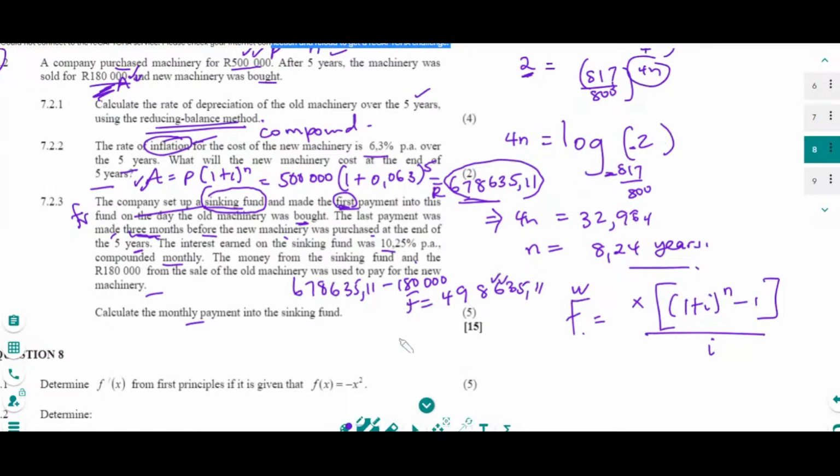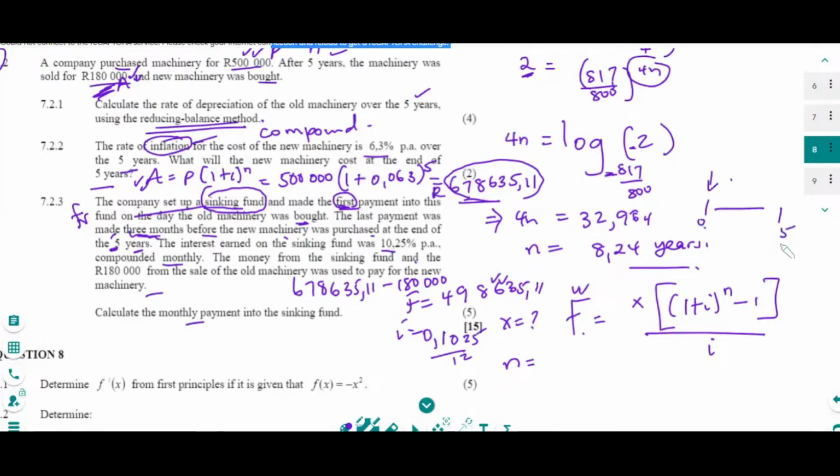Then our i is going to be, this is compounded monthly, so it's 0.1025 divided by 12. That's the i. x is what we're looking for. And then n. With n, there were 5 years initially, 0 up to 5. There was a payment that was made.